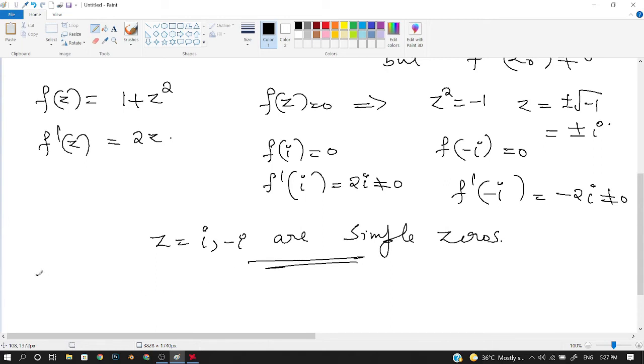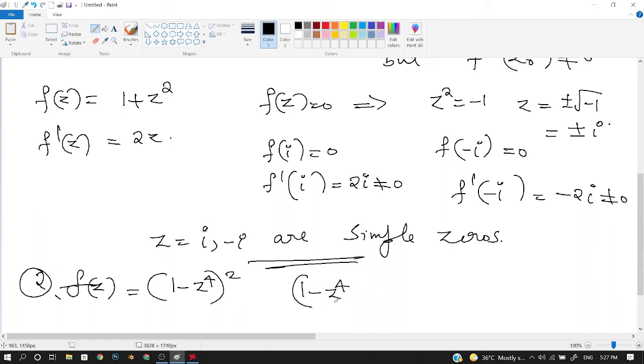Now we can consider another example. f of z is equal to 1 minus z raised to 4, the whole square. Now here we have 1 minus z raised to 4 the whole square equal to 0, which implies 1 minus z raised to 4 equal to 0 twice.